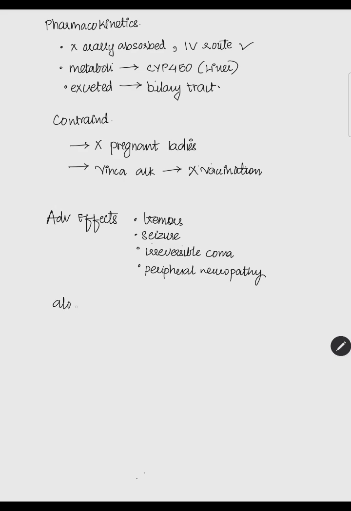Alopecia is one of the major effects, as in the chemotherapy of malignancy. The patient may also face anorexia. Myelosuppression is common, along with bone marrow suppression.